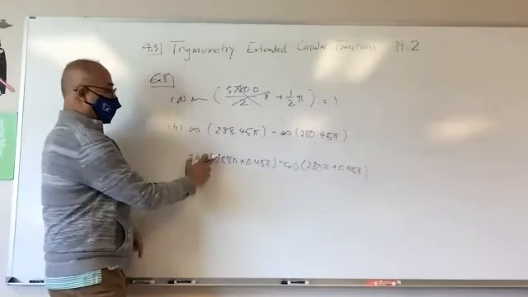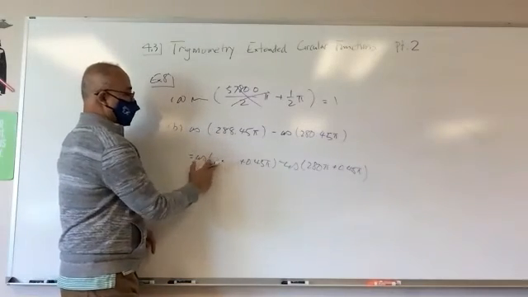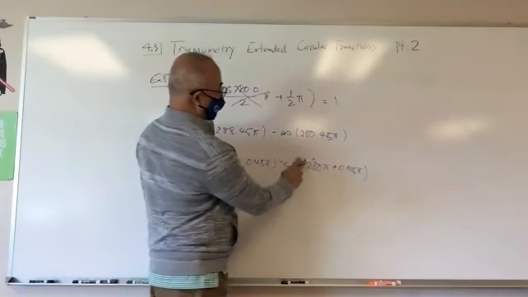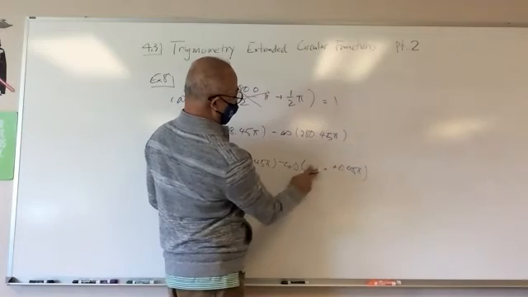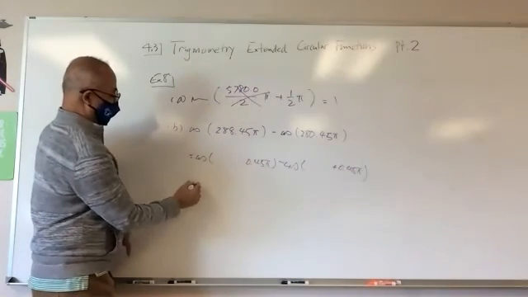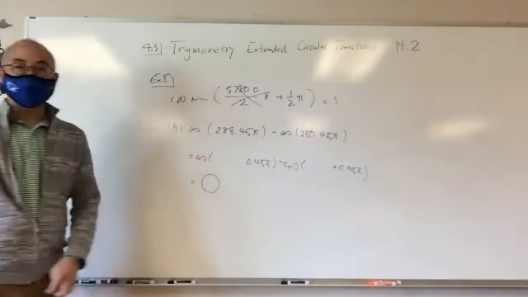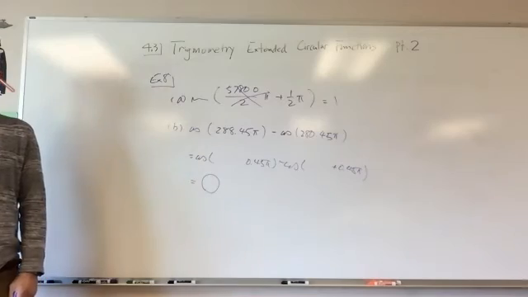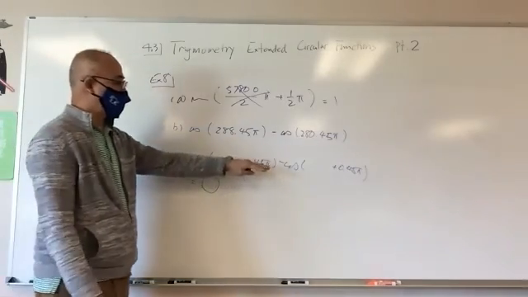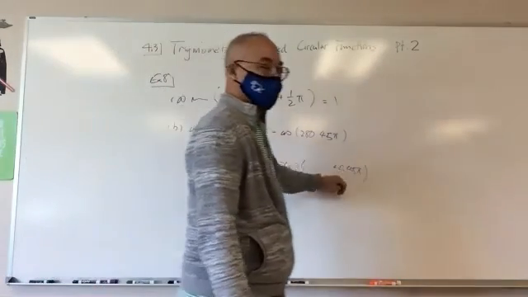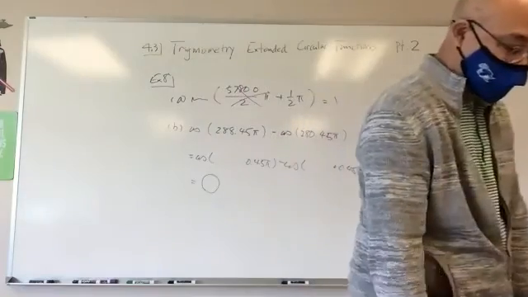These are all multiples of 2 pi's. It just goes away. This guy goes away. Big fat nothing. They're the same thing, right? And then cosine 0.45 pi minus cosine 0.45 pi, which is 0.